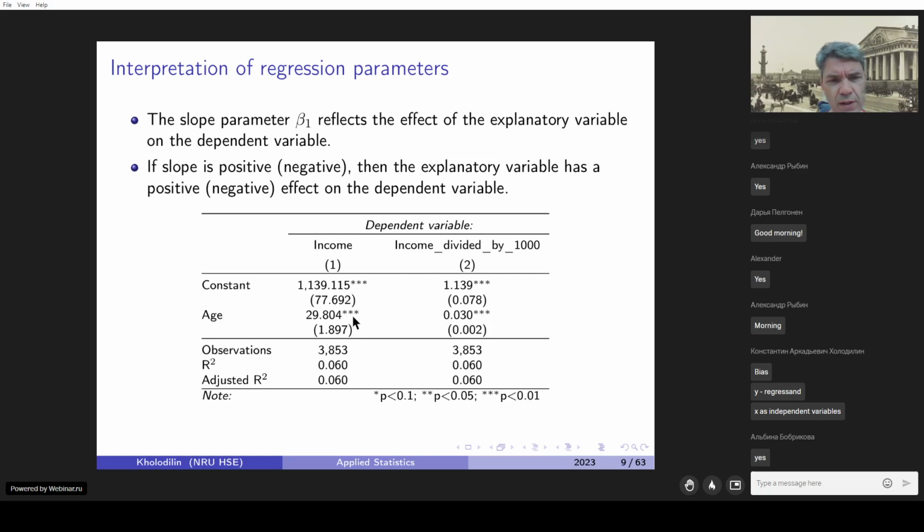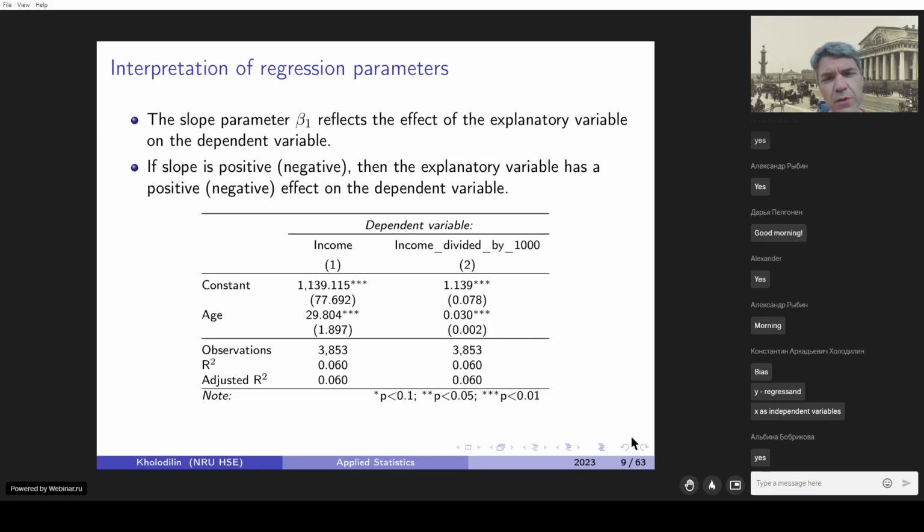Now this coefficient here measures the impact of age on the income. The income is measured in euros, the age is measured in years. So you see that for each additional year, the income increases by around 30 euros, okay? Which has to do with, for example, experience of people, of education.